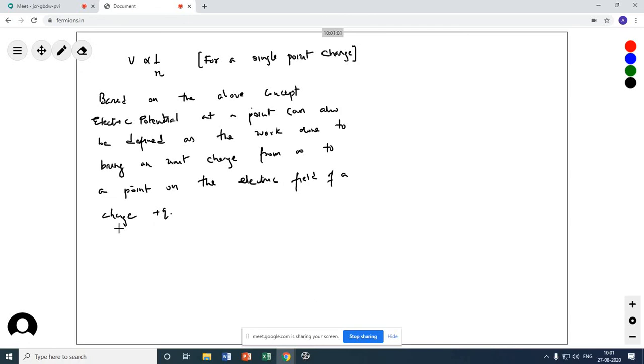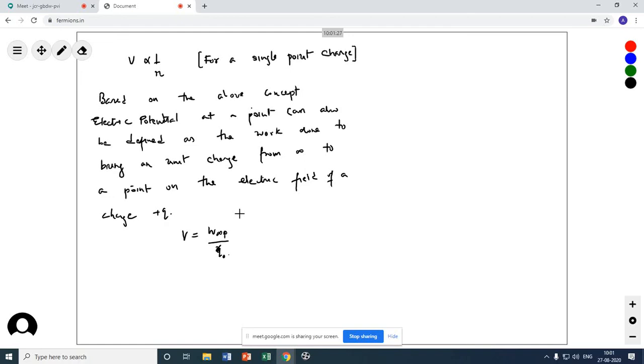So this is electric potential. It is the work done to bring a charge from infinity and place it at a point P in the electric field of a plus Q charge. You can see Q naught is a unit charge.